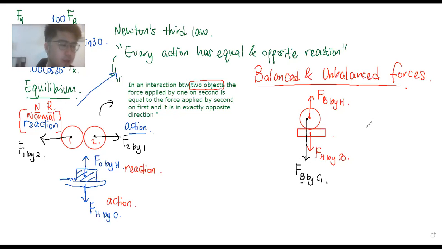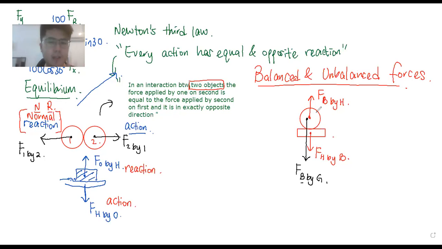Now, with three forces, if you want to study the effect on the object, in this case the ball, you want to see whether the ball moves or not, right? You look at the forces acting on the ball. Whatever object you want to study, you only look at the forces acting on that object, and you don't look at the forces acting on the other object.